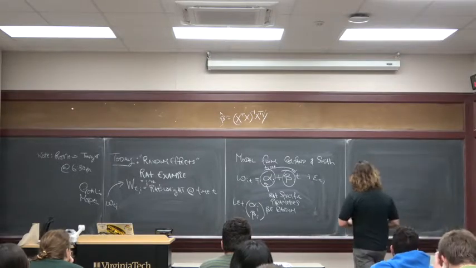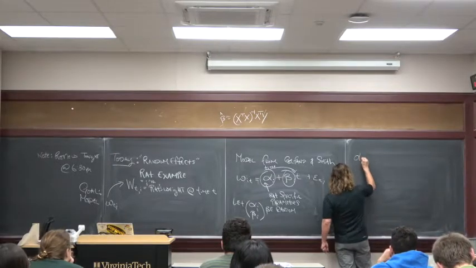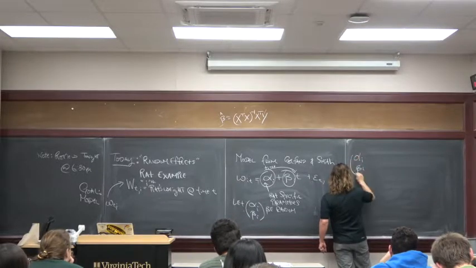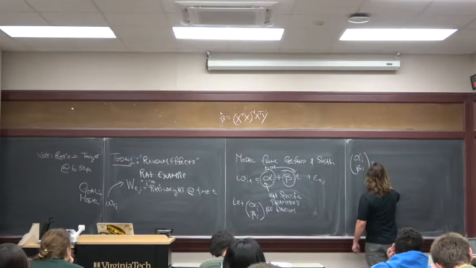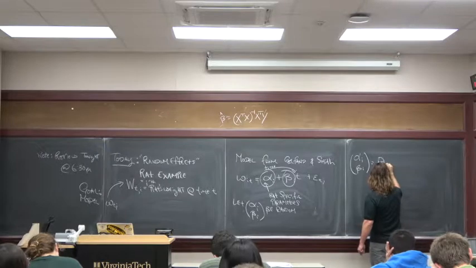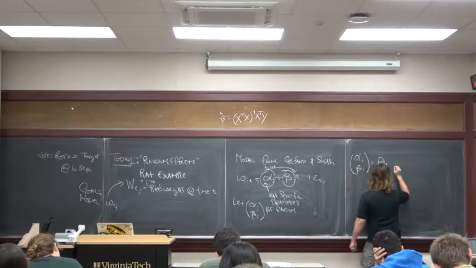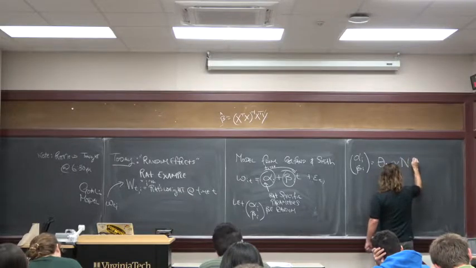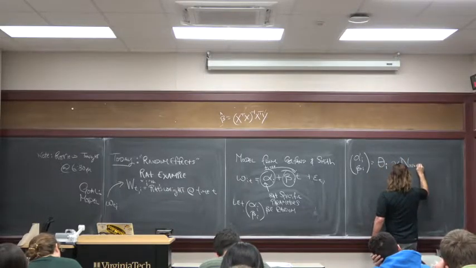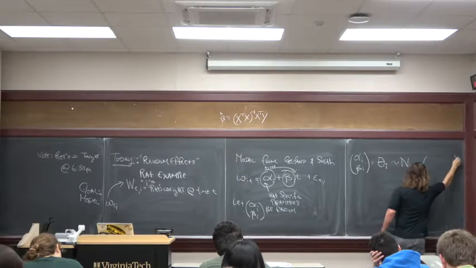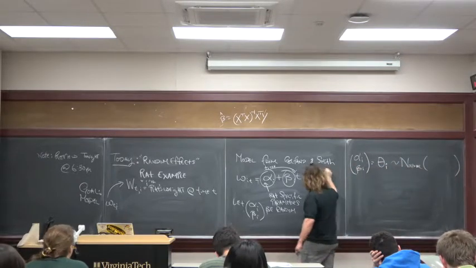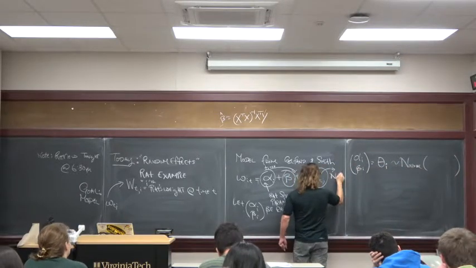So we want to model this as random. So alpha_i, beta_i, I'm going to give this just a little bit of notation. This is going to be theta_i. So this is just a vector. This is going to come from a normal distribution. Also, these errors right here are going to be normally distributed.